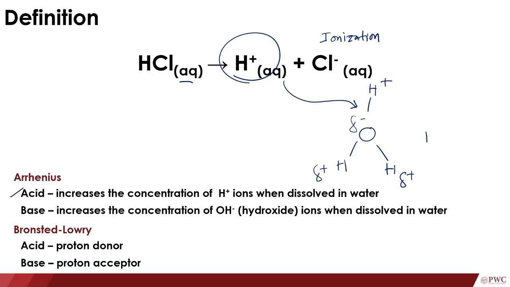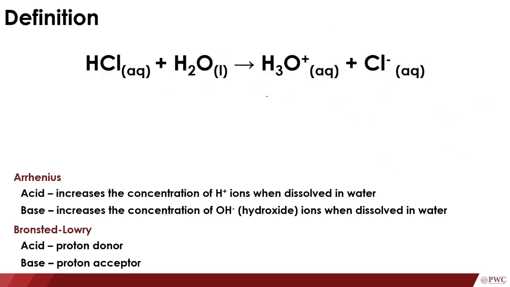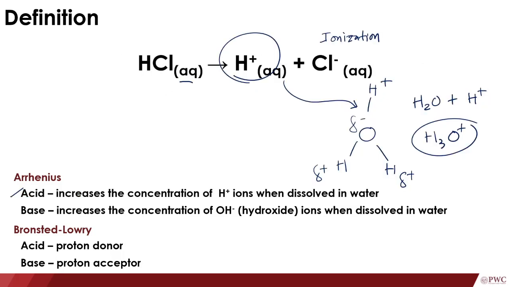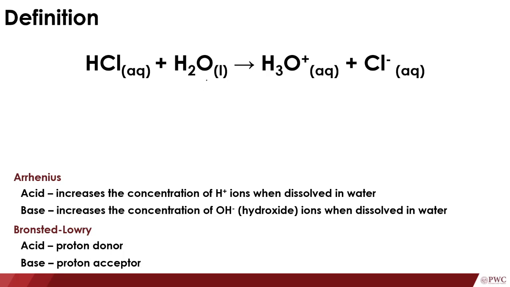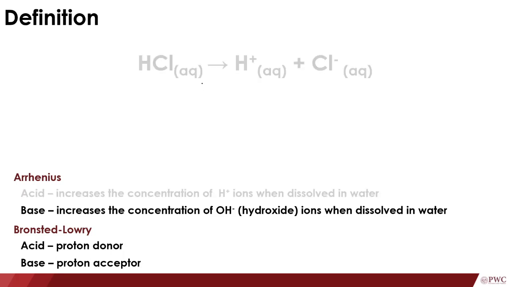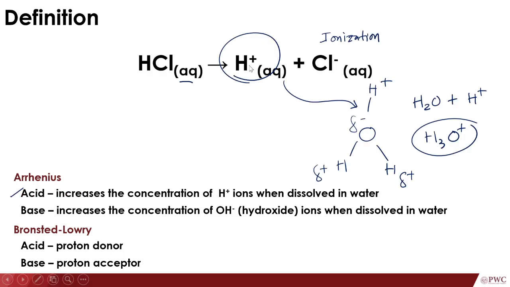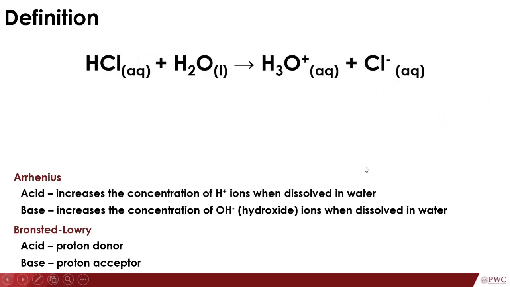It will capture the H plus, forming an H3O plus ion. So again, H2O will capture an H plus. Obviously H2O plus H plus is H3O plus. This one is a hydronium ion. We can also write this one as this one, so it's the same thing. It's HCl. I just added this H2O because this H plus will also react with the H2O molecule in the solution.